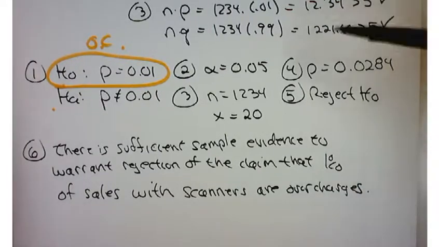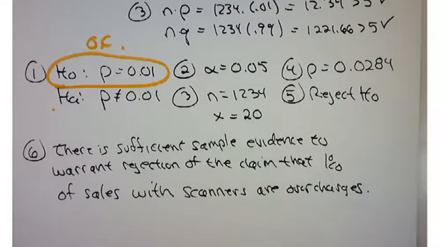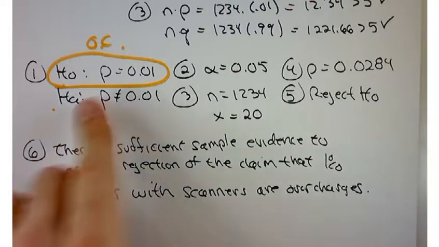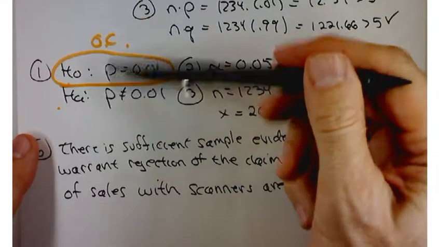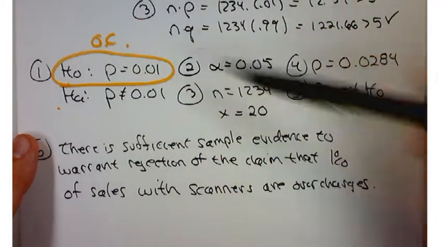I'm hoping you're starting to get into this routine of all these 6 steps. When I ask you to do hypothesis tests on the exam, I'll lay out your answers so that you can put in all these 6 steps, and then I'll grade you appropriately. I want to see parameters here, like P or mu or sigma.